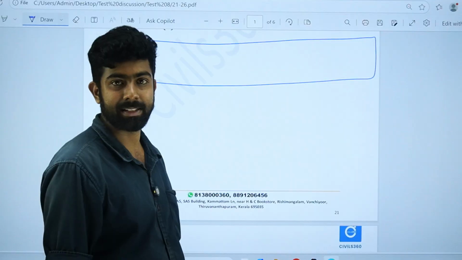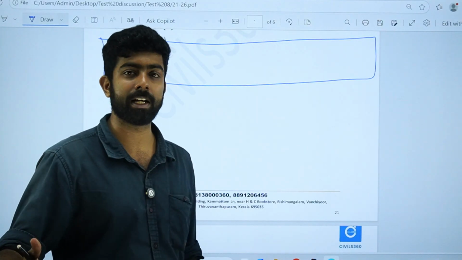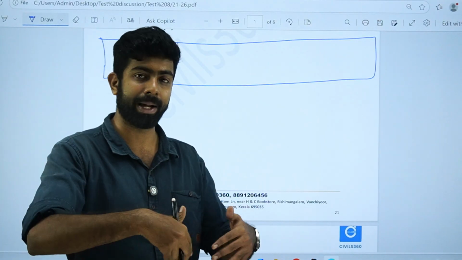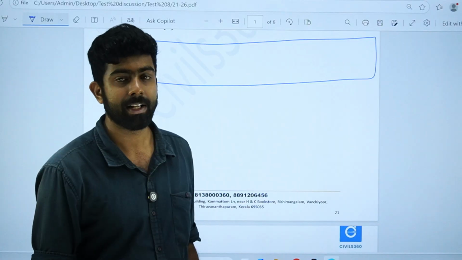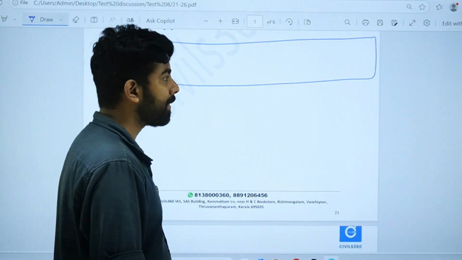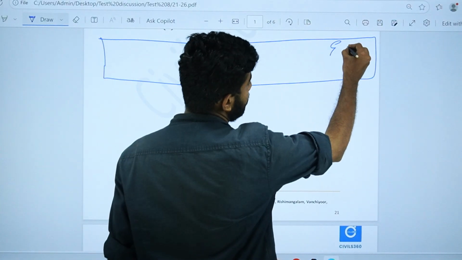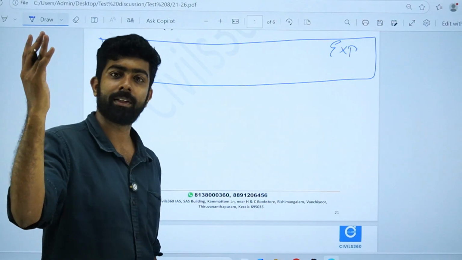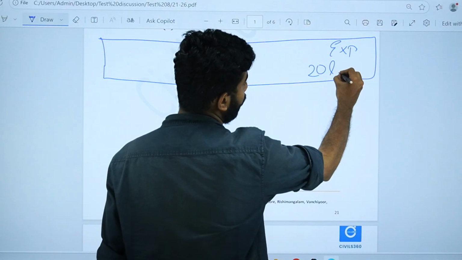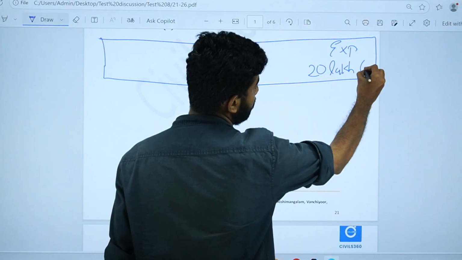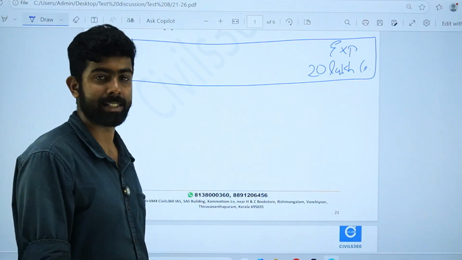The concept of deficit simply means you are spending more but you are not getting enough income. Say the government is spending 20 lakh crores. Its expenditure is this much.